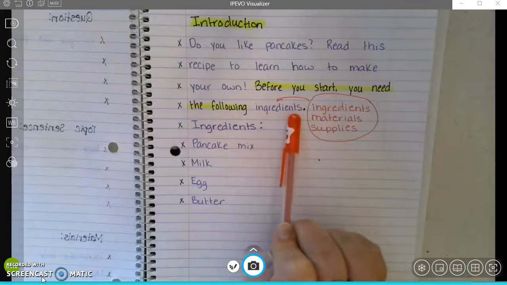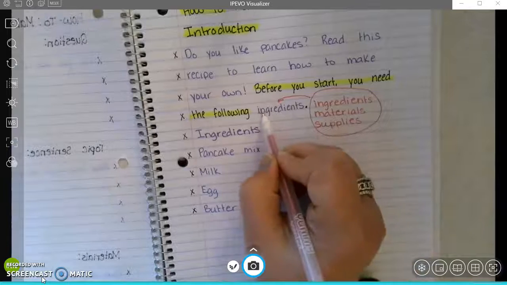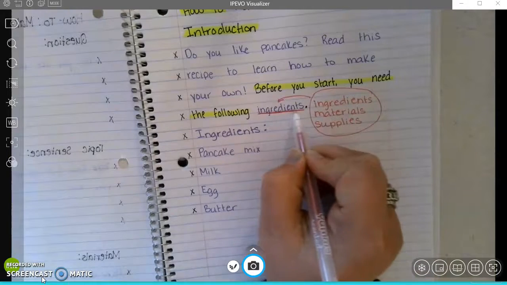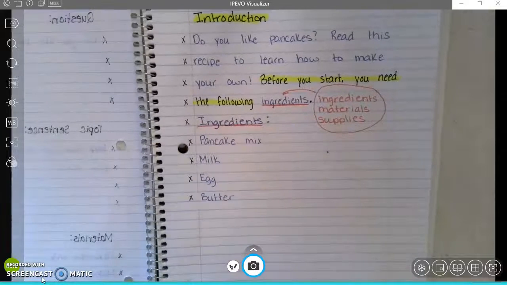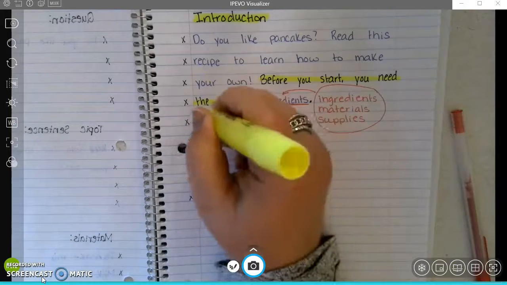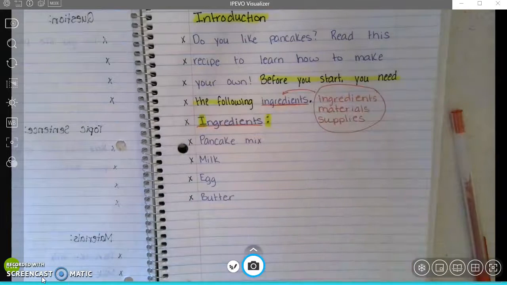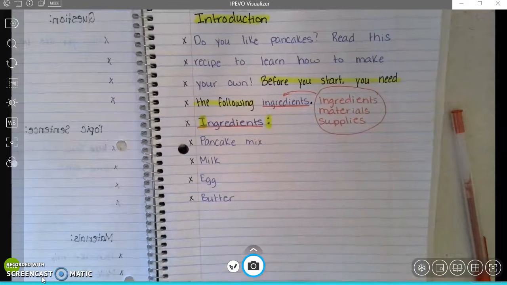Whatever word is here is also here. So whatever word I write right here in my sentence, I'm writing right here with a capital letter and these two dots. Capital letter, these two dots after my word, then you're listing your ingredients, okay?